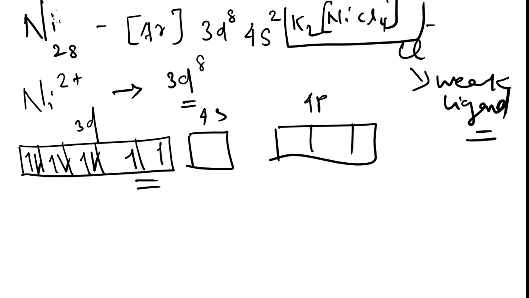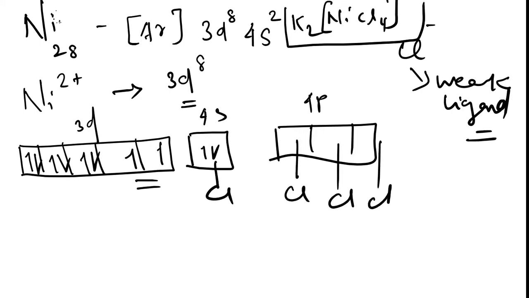Here one chlorine will place its electron, and here also, and here also, and here also. So what is the hybridization? 1s and p3. The hybridization is sp3. Is it clear? The hybridization is sp3.